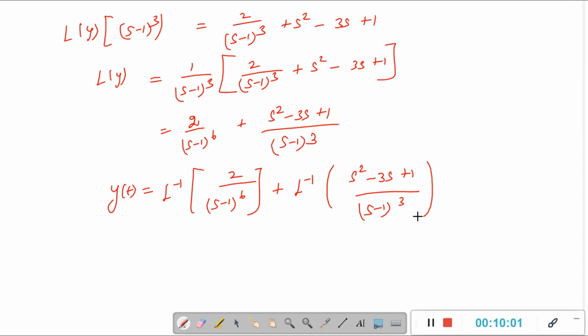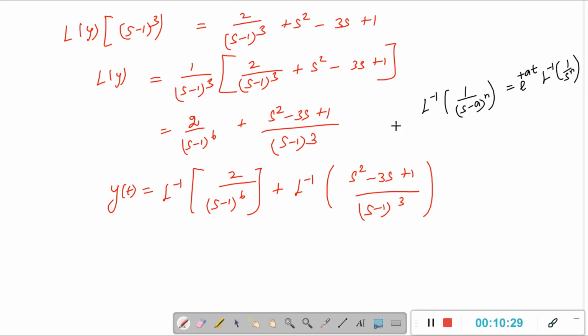Now I am going to find L inverse by using the property. The property is, suppose you have L inverse of 1 by s minus a whole power n, you can apply e power at into L inverse of 1 by s power n.